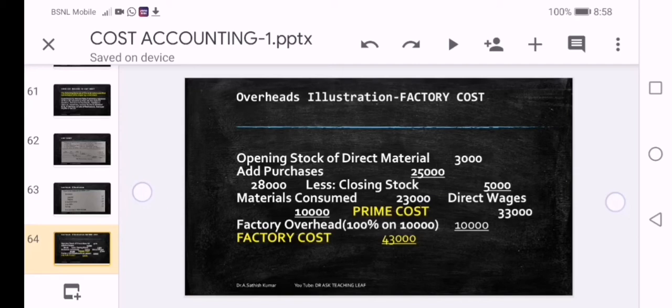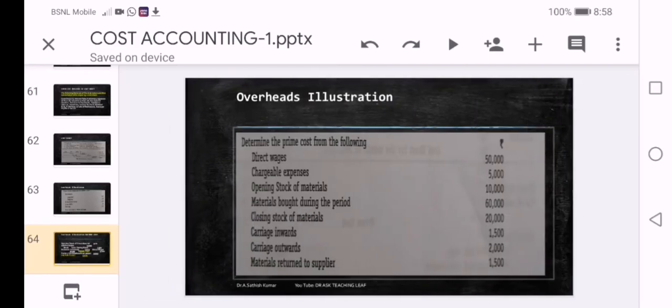He is asking to calculate 100% on whatever the wages amount is. So wages itself is 10,000, and 100% of 10,000 is 10,000. So we already have a prime cost of 33,000, to which add factory overhead 10,000 after calculation. So 33 plus 10 addition, factory cost is now 43,000.